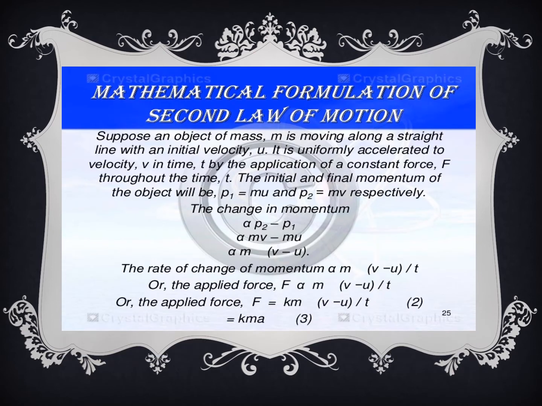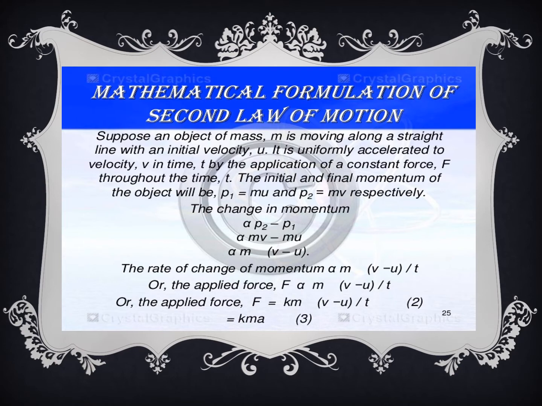Suppose there is a moving object of mass m that is moving along a straight line with the initial velocity u. After the time interval t, the object accelerates and moves with the velocity v by the constant application of the force.